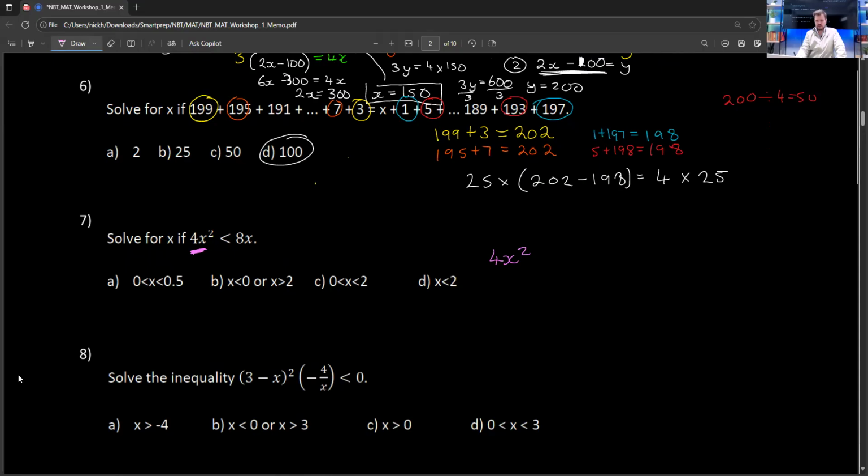One of the things you could do is simply substitute in a value.